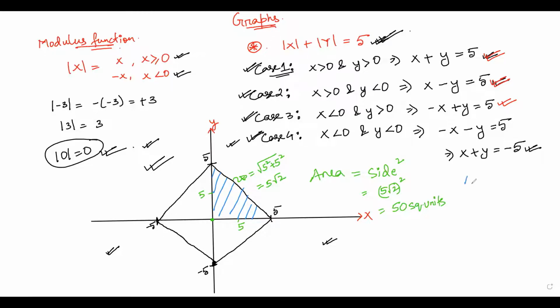So the total area of the region can also be written as 4 times the area of this triangle, which would be half into base into altitude, which would be half into 5 into 5, which will also give us 50 square units. So in this way, we can plot the graph of linear equations with modulus sign and can also find the area.